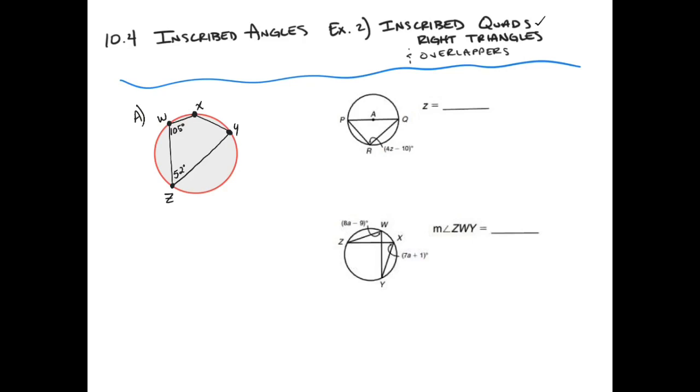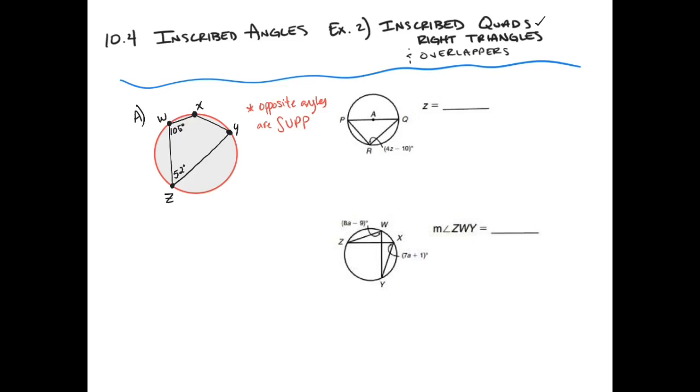In example A, I've got a circle with an inscribed quadrilateral WXYZ. What we learned in our notes about inscribed quadrilaterals is that the opposite angles have a sum of 180 degrees. They're supplementary. Let's take a look.